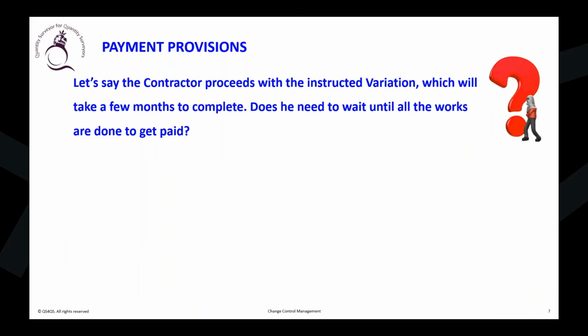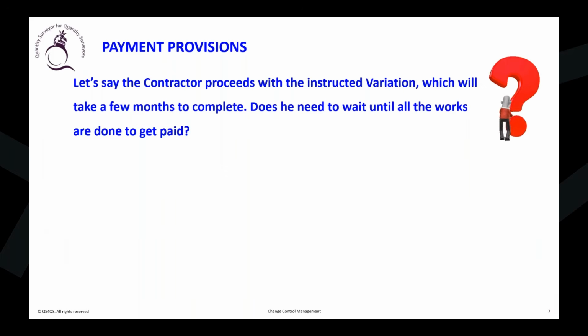The contractor is instructed with such a long variation, and he started to work on it. Now, what do you think? Does he need to wait until the complete works are done over 6 months to get the payment? Or can he claim the money progressively?